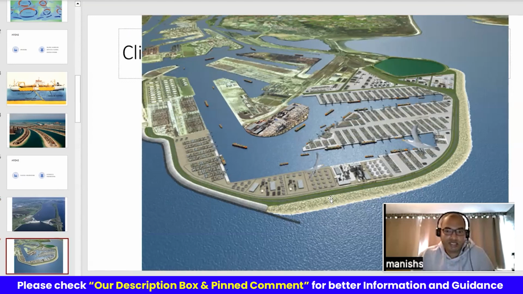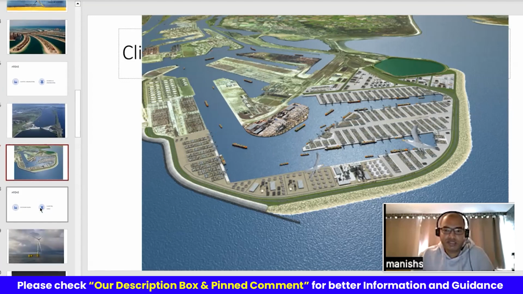And all this is coastal engineering, hydraulic engineering. There is dredging engineering because a lot of the channels are dredged and a lot of sand, stone, everything is put there. So all these are related. When you get into ocean engineering, you get to know all these interesting things.